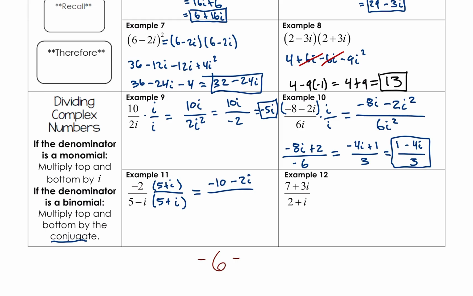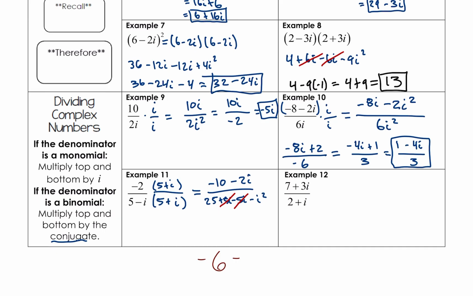And then on the bottom, I'll have 5 times 5, which is 25, 5 times i, which is 5i, -i times 5, which is -5i, and -i times i, which is -i squared. Okay, just like in example 8, because I'm multiplying by the conjugate, those middle terms are going to cancel out. So what I want to happen.